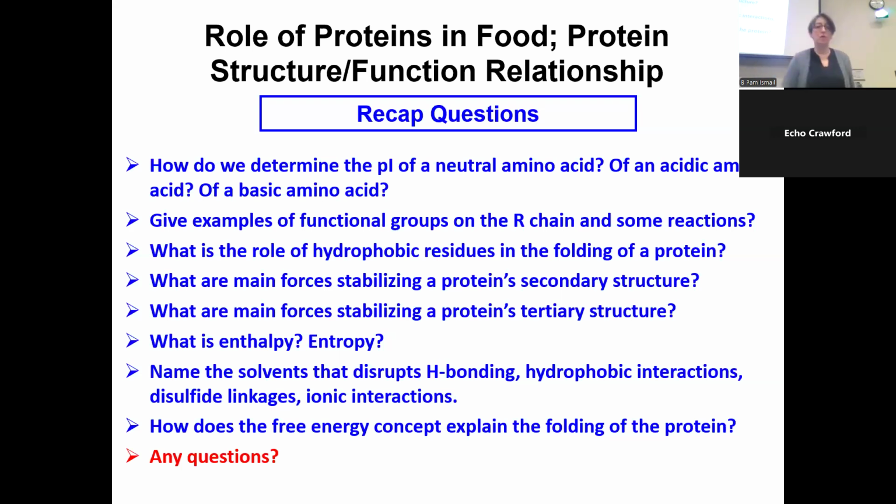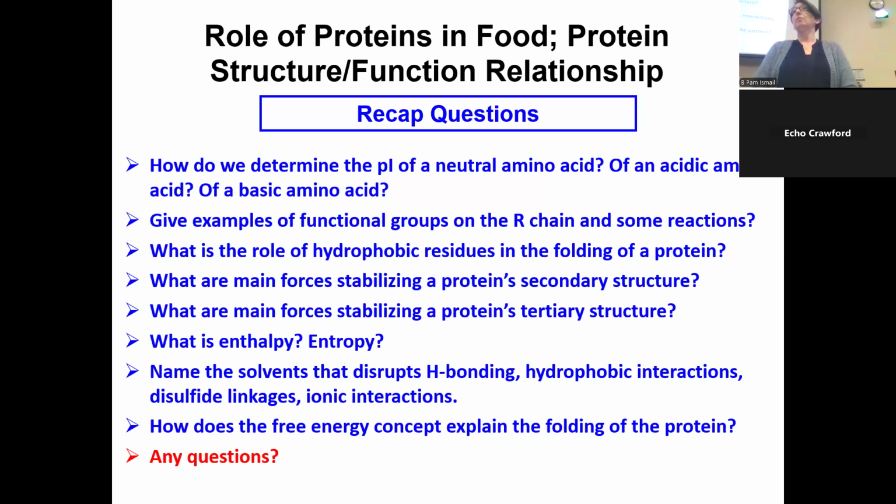Okay, so how do we determine the isoelectric point of a neutral amino acid? That means the R group of the amino acid does not have an ionizable group. Yes. Okay, so the pKa of the acidic group plus the pKa of the basic group divided by 2, you get the isoelectric point.